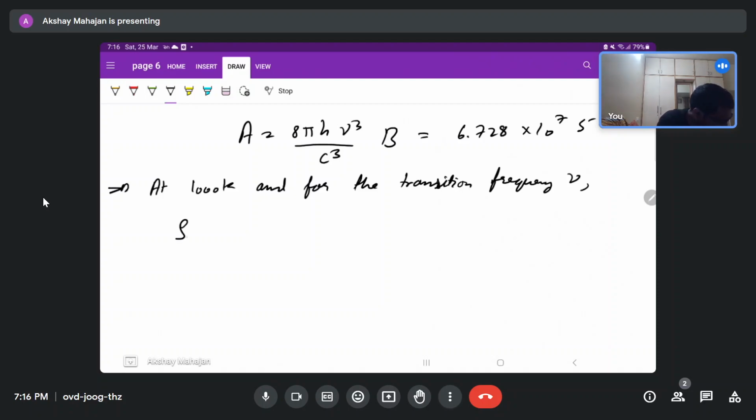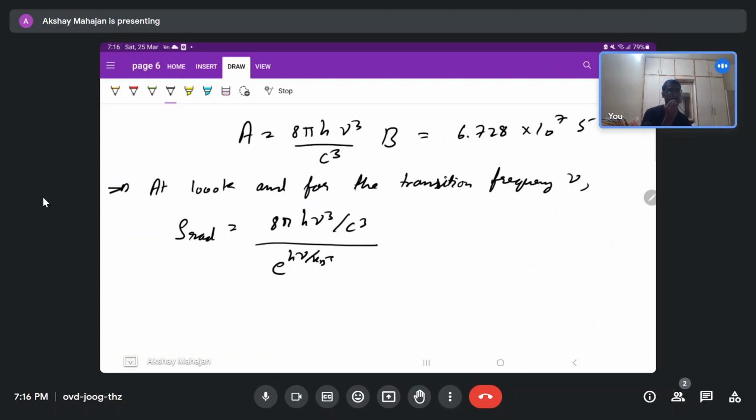we can find the radiation density using Planck's distribution, 8 pi h nu cube by c cube, times 1 over e to the power h nu by kBT minus 1. Basically if we use Planck's formula, then we just have the one variable nu only. Otherwise we will have to put the value of the coefficient as well, and in Planck's formula all the others are just universal constants.